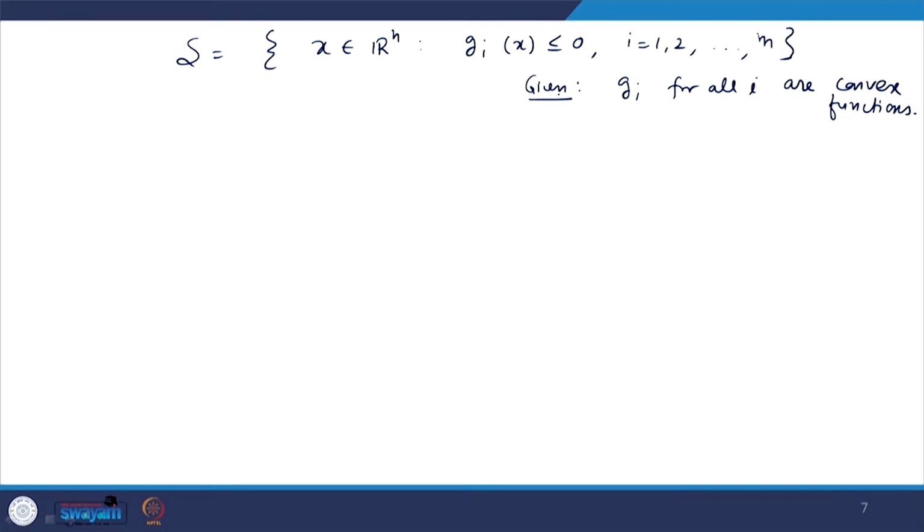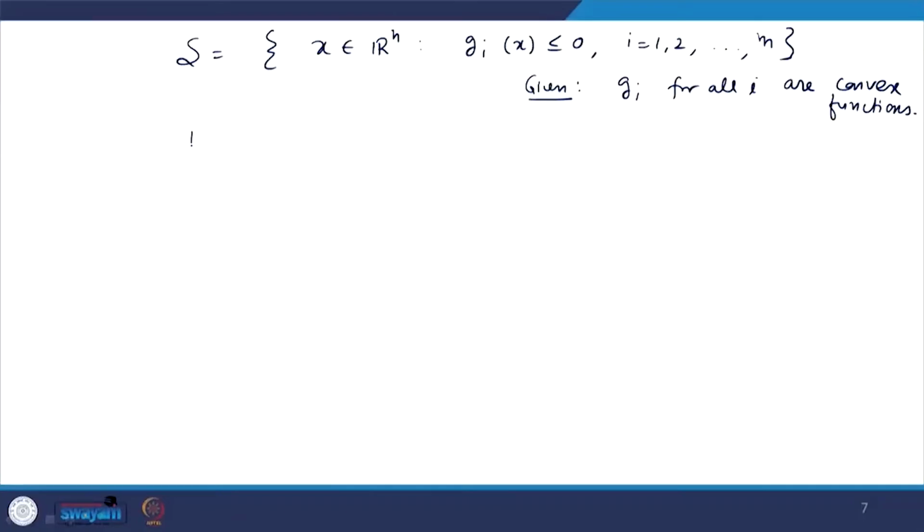And we have to show that this set S is a convex set. So, how can we show this? You can take two arbitrary points in S and try to show that the convex linear combination of those two points is also in the same set. So, let x1, x2 be in S. This implies Gi(x1) is less than or equal to 0 for all i, and Gi(x2) is also less than or equal to 0 for all i.